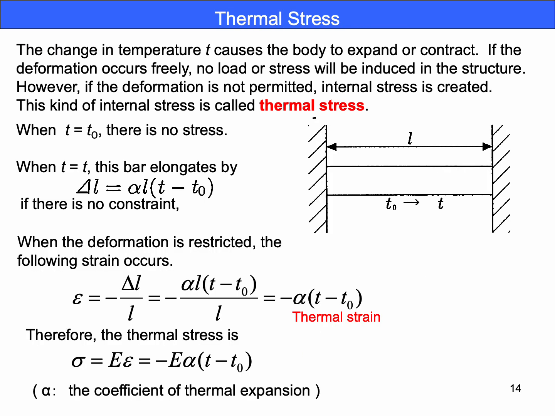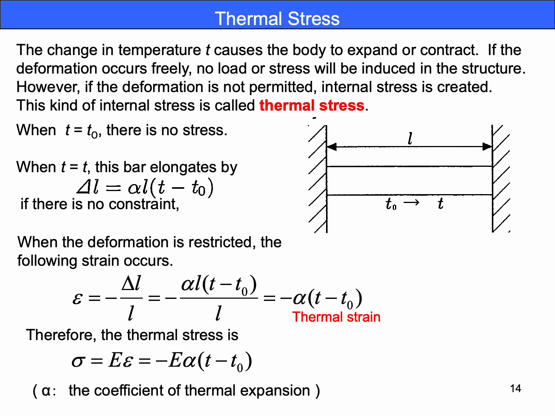In this slide, we study thermal stress, that is a sort of initial stress. When a solid experiences an increase in temperature, it is expanded. The rate of the expansion per unit length depends on the choice of material, but is approximated to be proportional to the temperature increase.